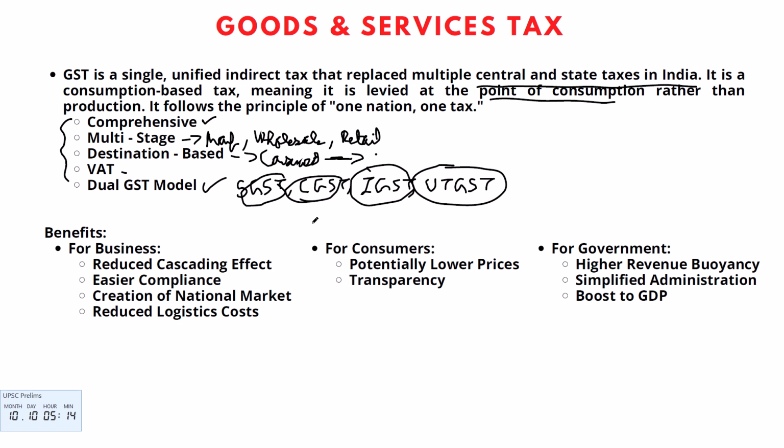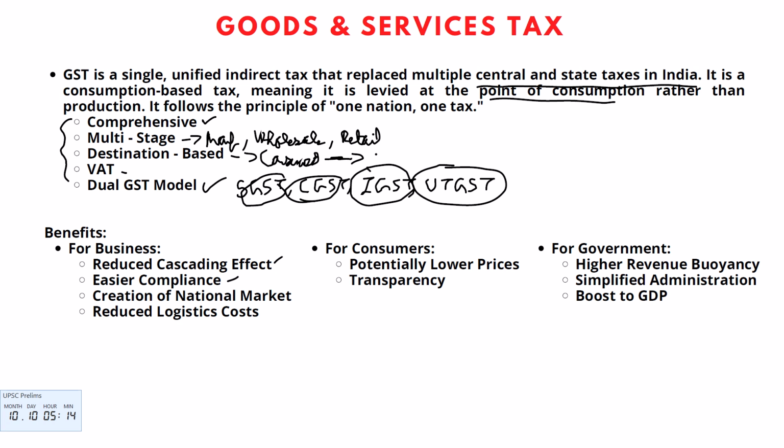So, what are the benefits of GST, goods and services tax? For business, it reduces the cascading effect, that is tax on tax, through seamless input tax credit, which leads to lower tax burden. Easier compliance, simpler and fewer returns compared to the multitude of taxes previously.